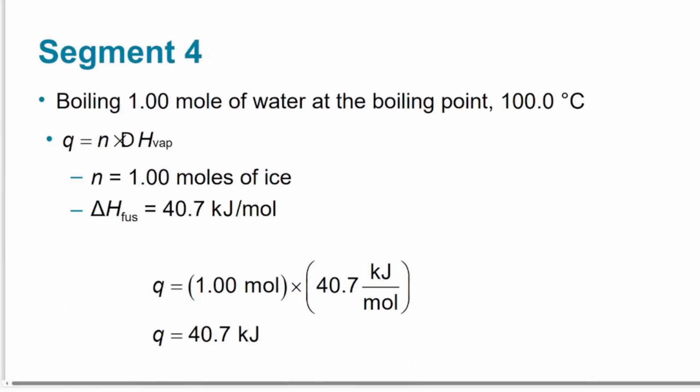So boiling 1 mole of water at the boiling point, where Q is equal to n times the delta H of vaporization. n is 1 mole because we're boiling 1 mole of water. Now it's water. We're boiling it from water to steam. Our delta H of vaporization is 40.7 kilojoules per mole for water, so that's 1 mole times 40.7 kilojoules per mole. So our Q is 40.7 kilojoules.